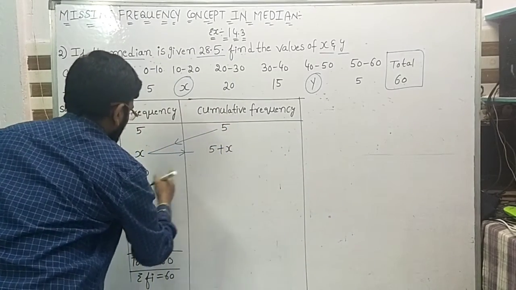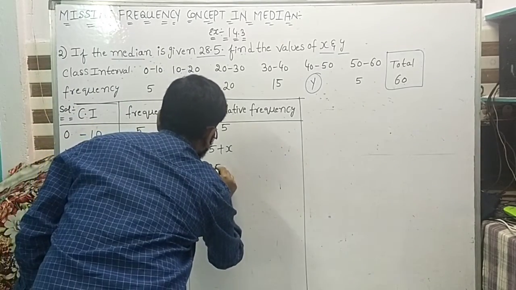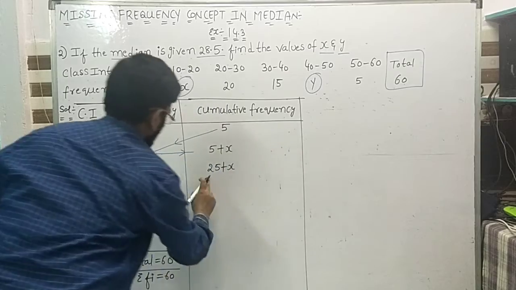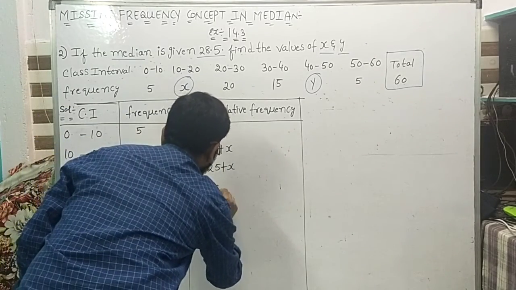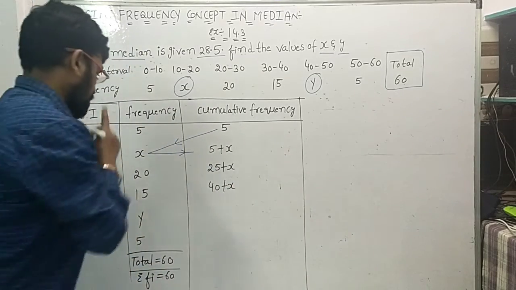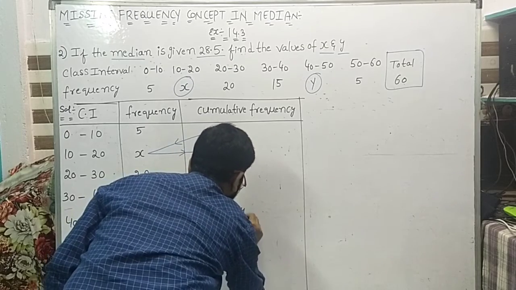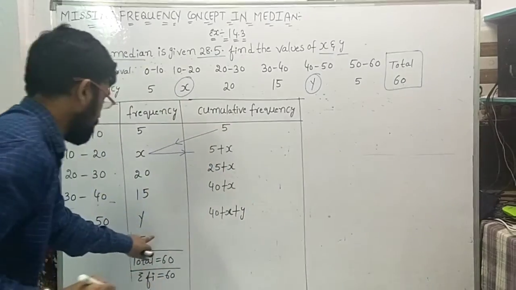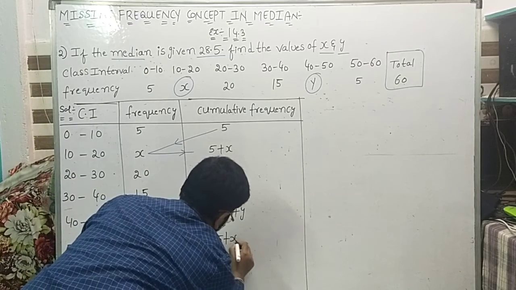Next 5 plus x plus 20, that is 25 plus x. Next 25 plus 15 means 40 plus x. Then 40 plus y, it will be 40 plus x plus y. Next 40 plus 5, 45 plus x plus y.